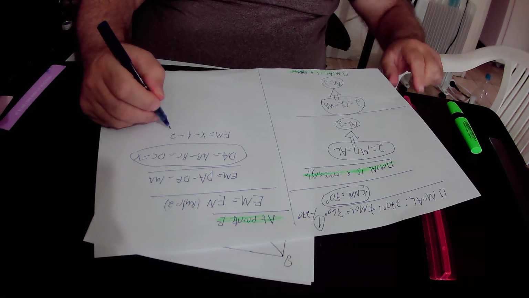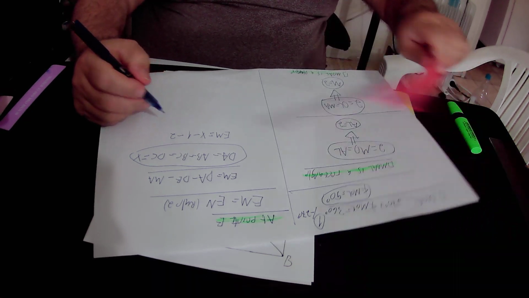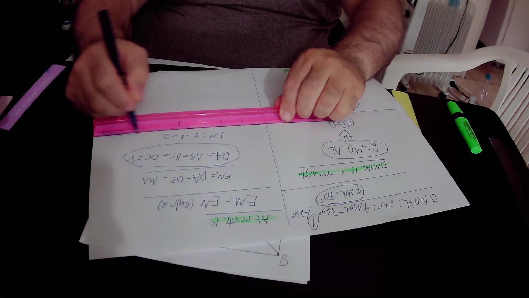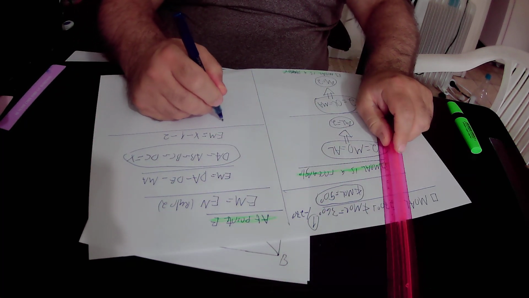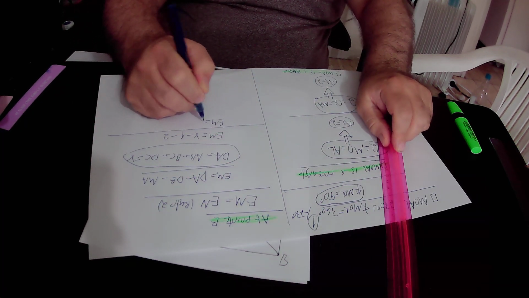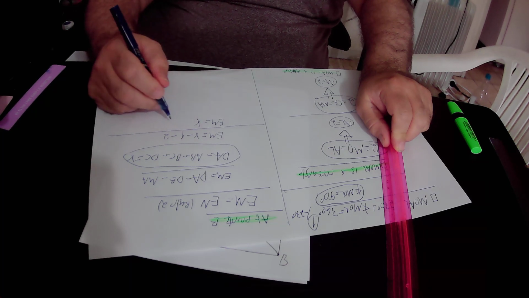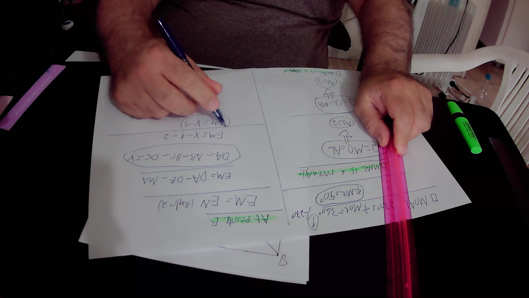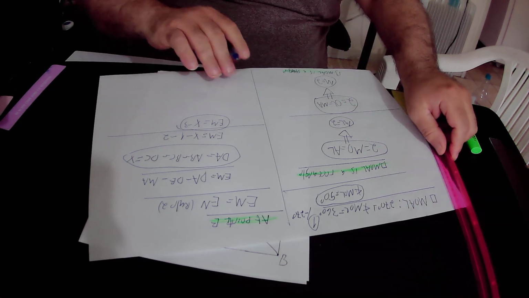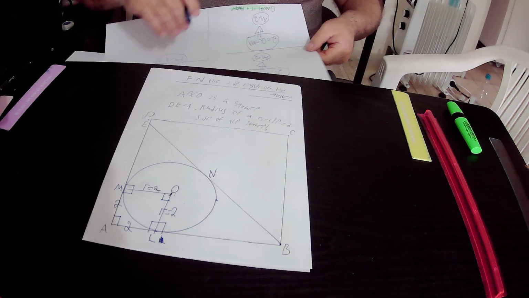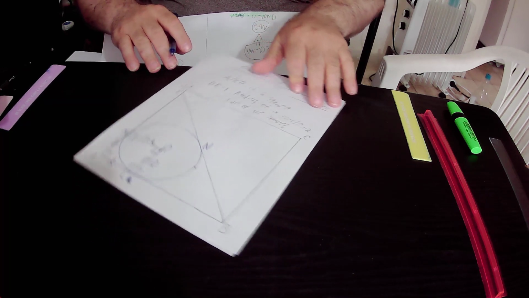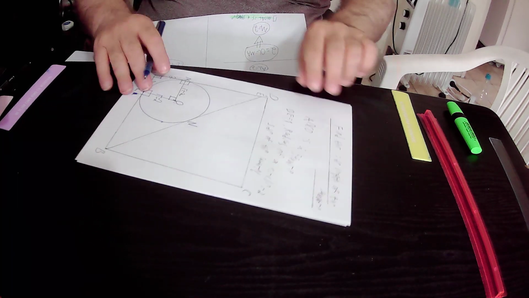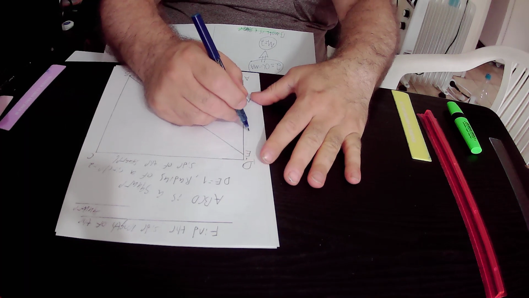So in conclusion, EM equals x minus 1 minus 2, which is x minus 3. So EM equals x minus 3.